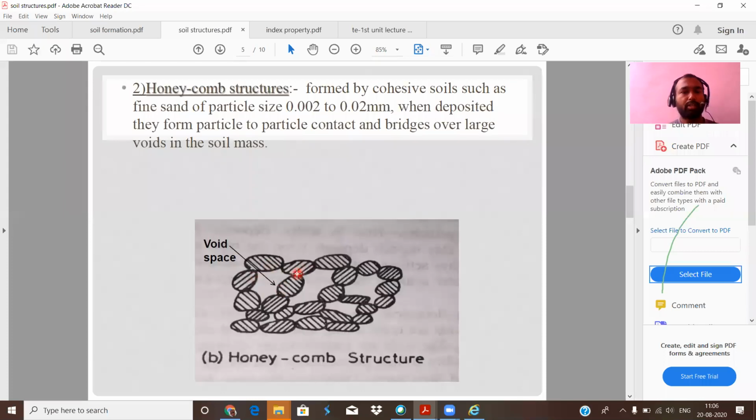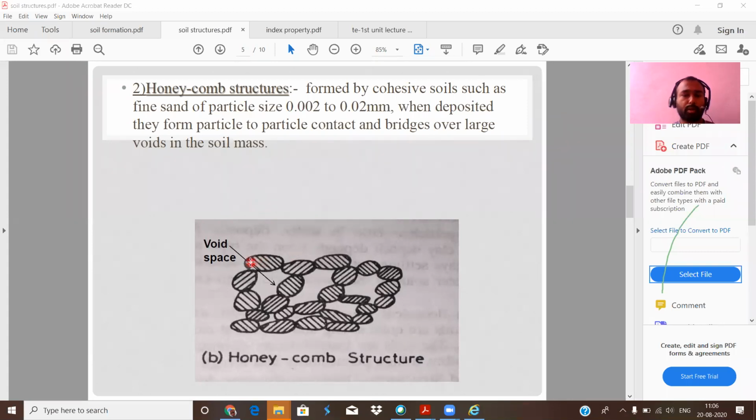It is very dangerous if this type of structure is present beneath the soil. If you construct above this type of soil, it is very dangerous to the structure. It may be found in cohesive soil such as fine grained particles. Here mainly particle to particle contact, and sometimes a small cohesion between the particles.